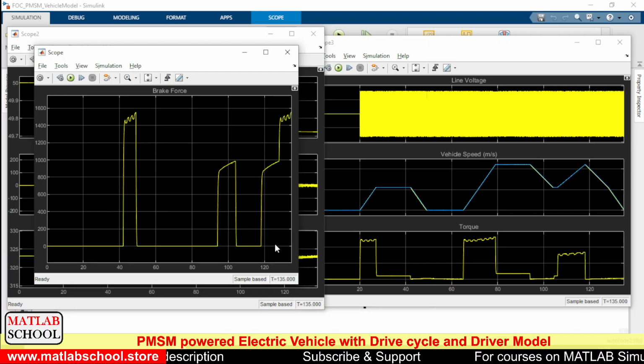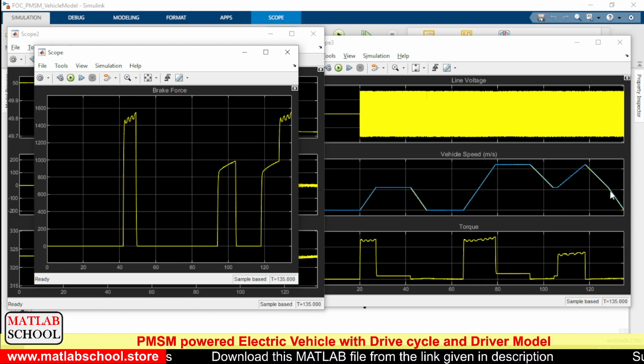Yes, as you can see, the simulation has completed now. So here also we can see the speed profile. Here there is an increase in acceleration, then there is a deceleration.